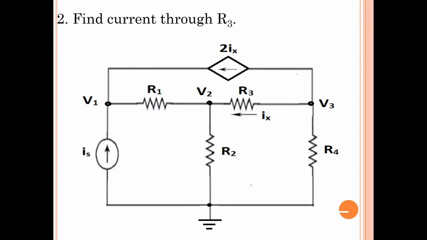So if you observe this circuit, there is no need for us to assume the node voltages. In the question itself, they have mentioned the node voltages: V1, V2, V3, of course. One more node is there, V4.